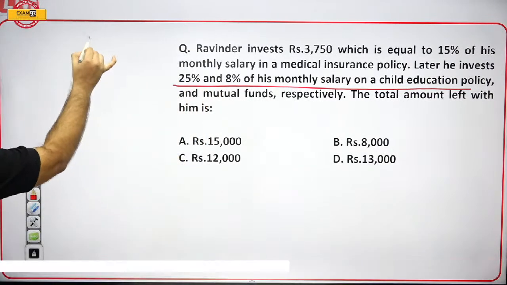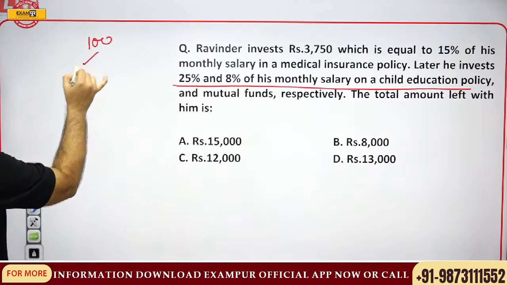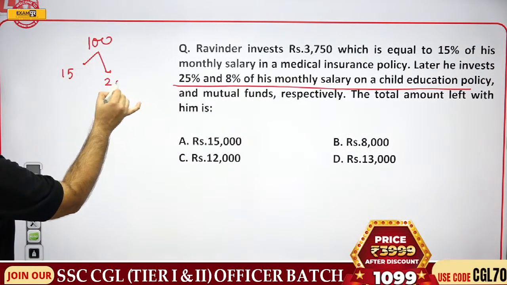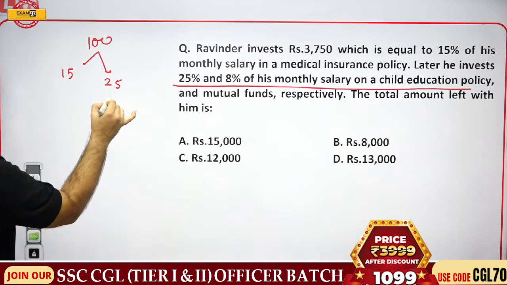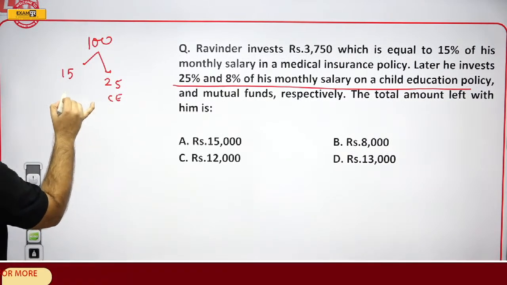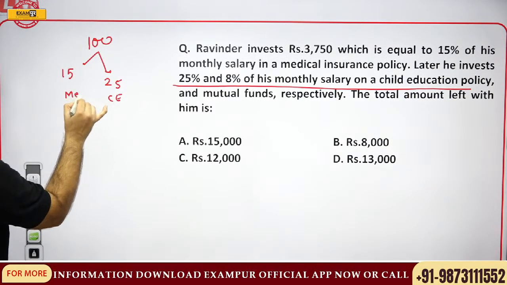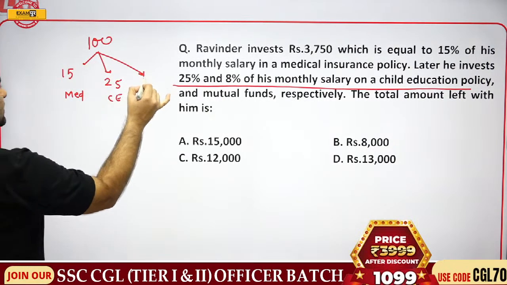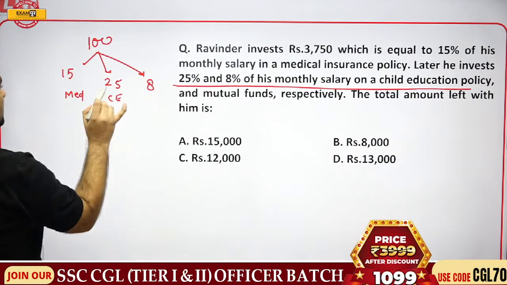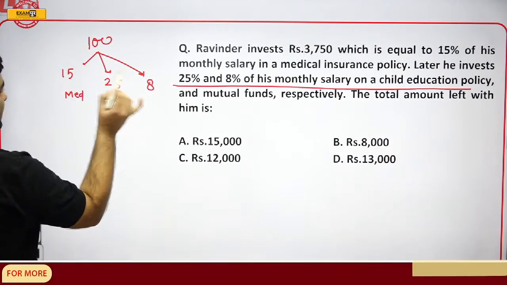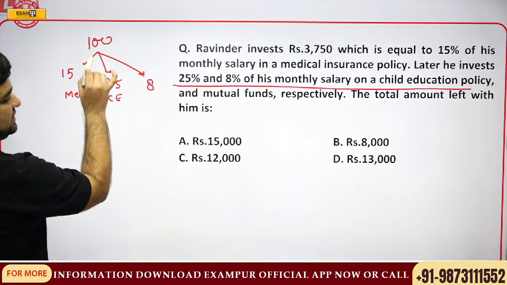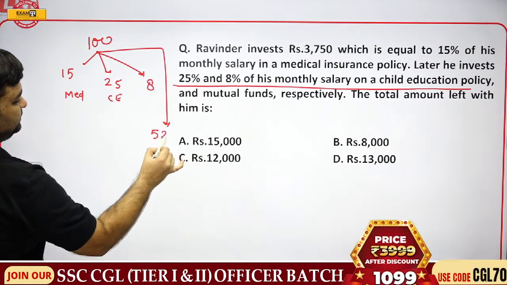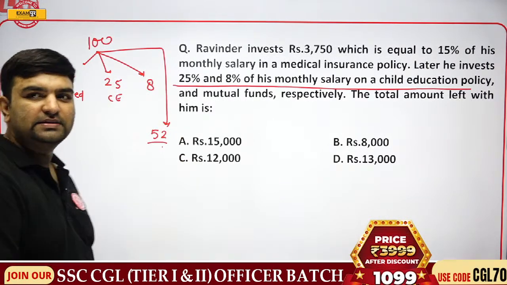Let the monthly salary be 100. 15% in the medical insurance, 25% on the child education, then 8% on the mutual funds. 25 plus 15, 40, 48% is spent. Remaining is 52.